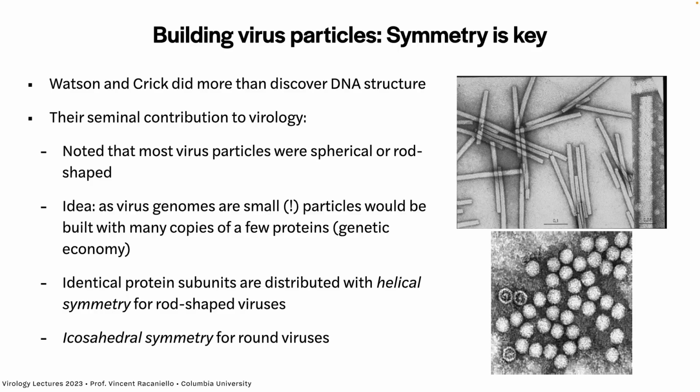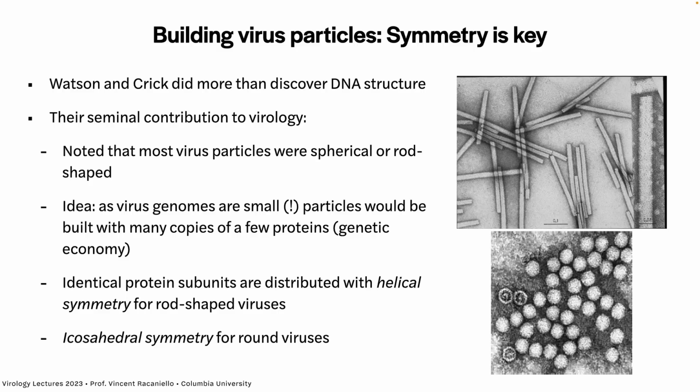So this idea that you would take one or a few proteins and repeat it, this is genetic economy, right? Because you have a small genome, you can't have a lot of proteins in there. We know that many viruses now have big genomes and they encode a lot of structural proteins. But this principle still holds, in fact, not because the genomes are small, but because to make a stable particle, the best thing to do is to take one or a few proteins and repeat them many times.